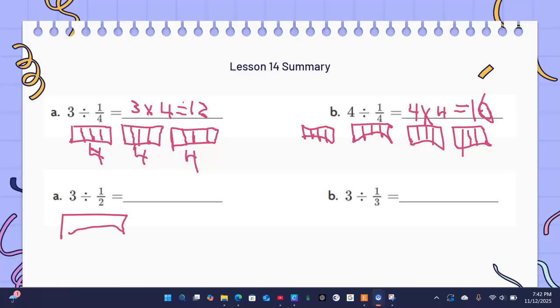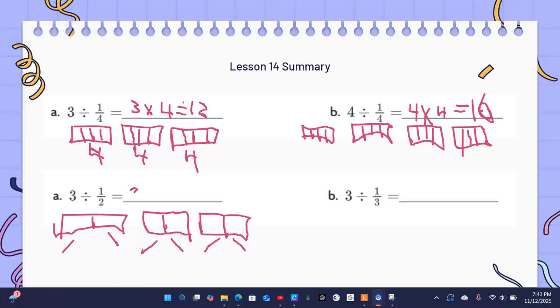All right, let's draw this one out. This one, we're going to draw our boxes separately again. These are some wacky looking boxes. Now we're going to partition it into halves. What I also said to my students is imagine you have three pieces of paper, right? And you tear that paper in half. How many pieces will you have? And that is 1, 2, 3, 4, 5, 6.